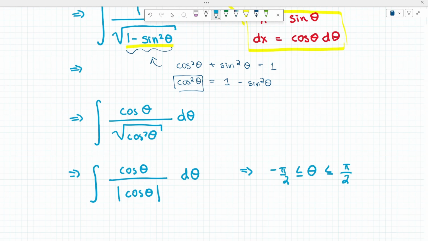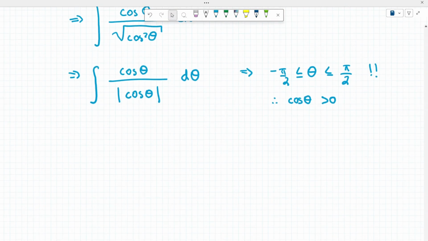This was one of the caveats that we had. So when we are looking at this domain for theta, we can see that cos theta is going to be greater than 0, because cos theta is positive on this interval for theta. So as a result, we can get rid of these absolute value lines for cos.